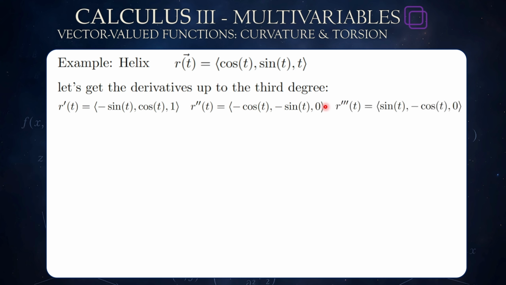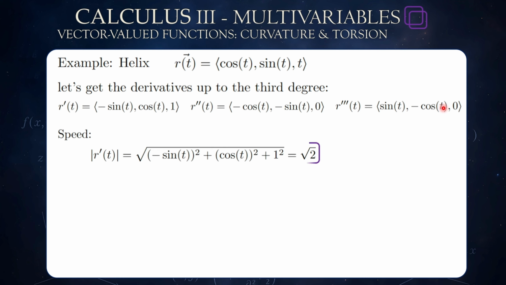And finally, r third t is equal to sine t, minus cosine t derived, then minus cosine t, and 0. So the speed, which is r prime t in length, is the square root of minus sine t squared, or x prime t squared, plus cosine t squared plus 1 squared, equal to square root of 2.